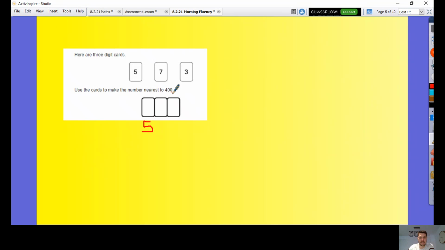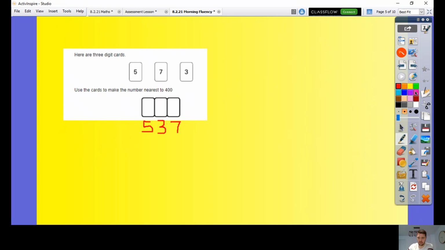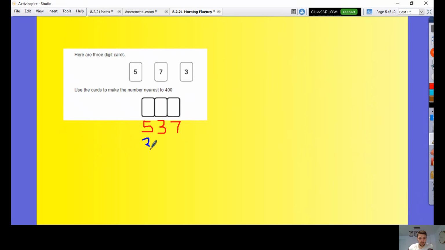500, I need to make it as small as possible now to get closer to 400. So the 3 would have to go in my tens. So I could have 537. That's 137 away from 400. What if I put my 3 in the hundreds? 300. I need to try and get it up this time as close to 400.